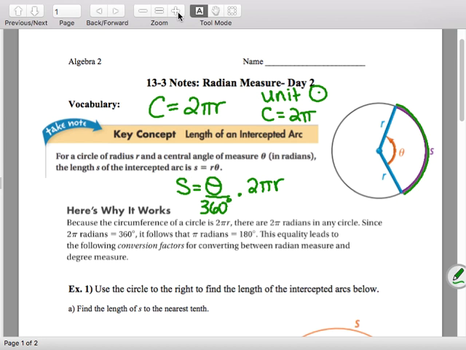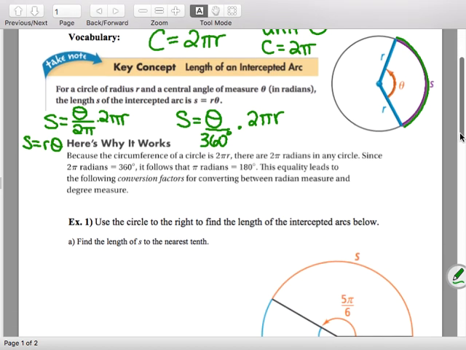If I'm in radians, I'm going to say theta over 2 pi times 2 pi r. Now, what do you notice about the radian formula here? The 2 pi's cancel. So this only works if theta is in radians, and we are going to look mostly in radians.